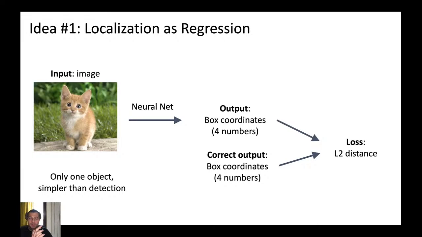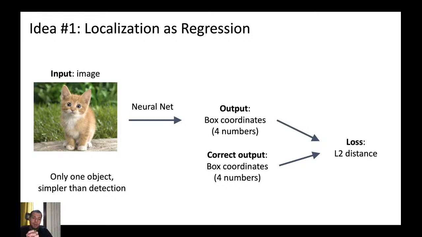Okay, so this is the localization task on ImageNet, and the first idea that comes to our mind is to approach the localization task as a regression task. We have the output that is four numbers indicating the location of the box.